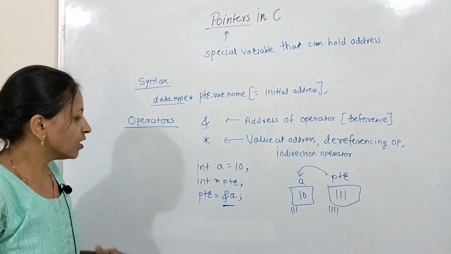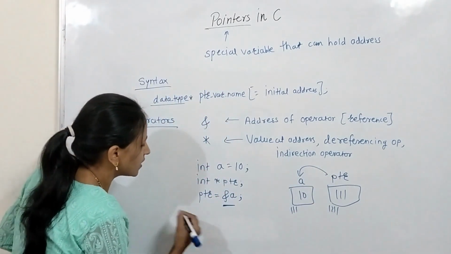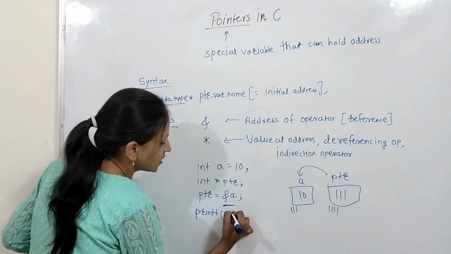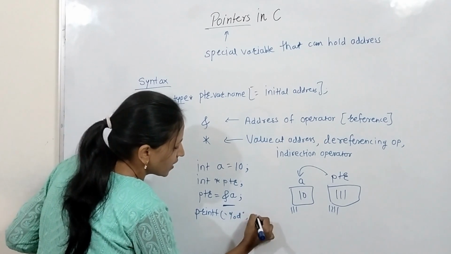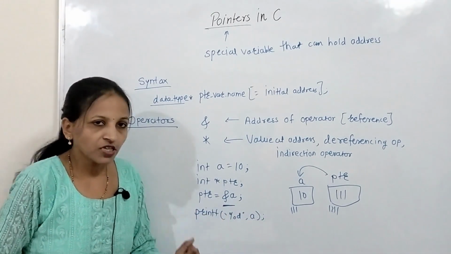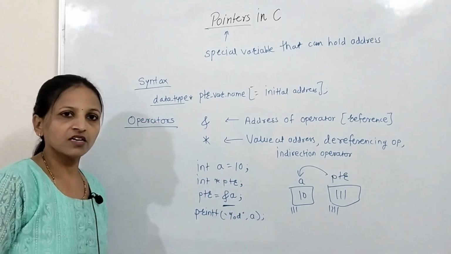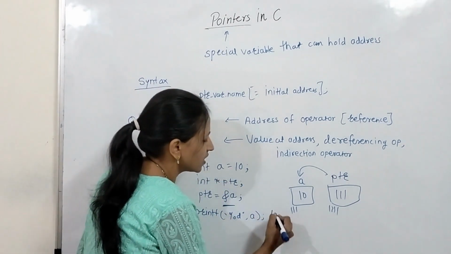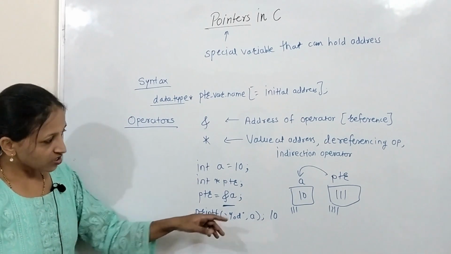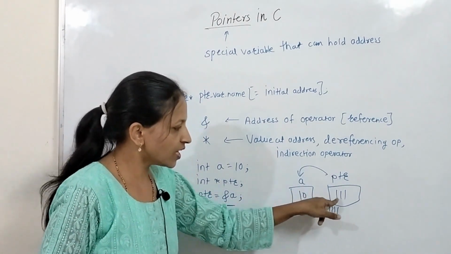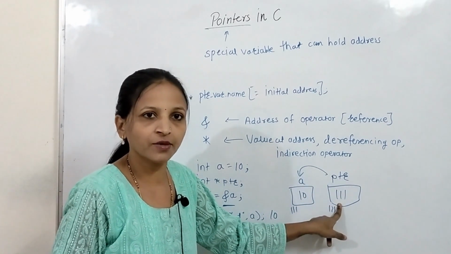Now suppose I have written printf("%d", a). After execution of this statement, what will we get? The value of a, that is 10, will get displayed. Now I want to access the value of variable a with the help of this pointer variable.